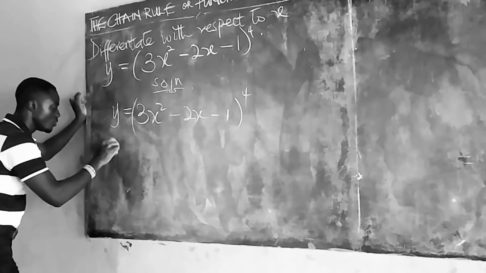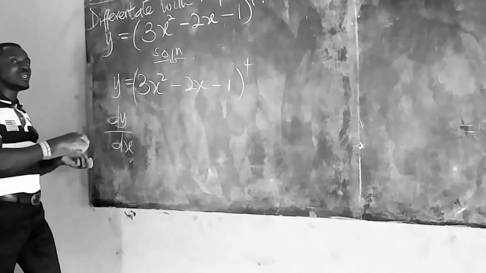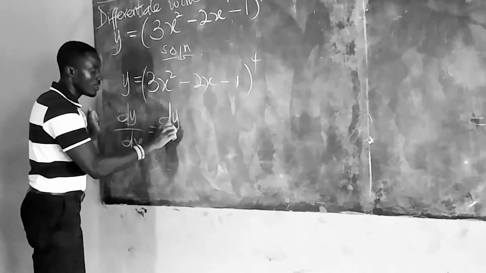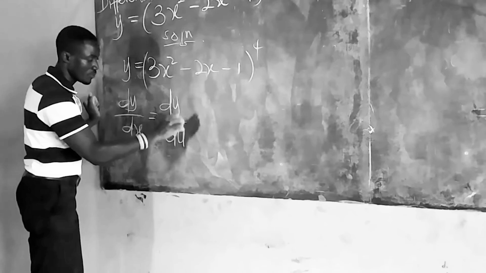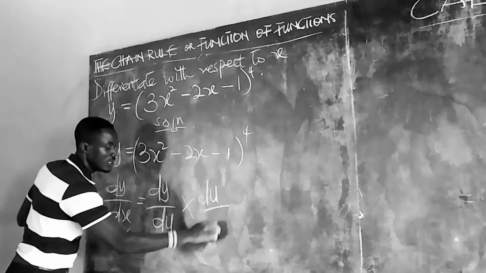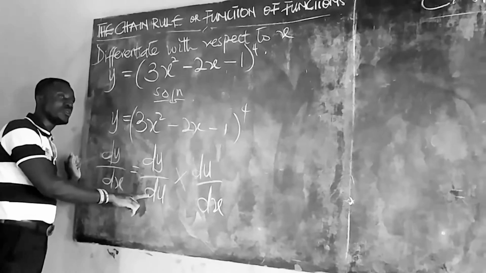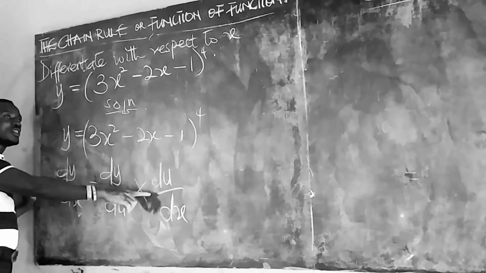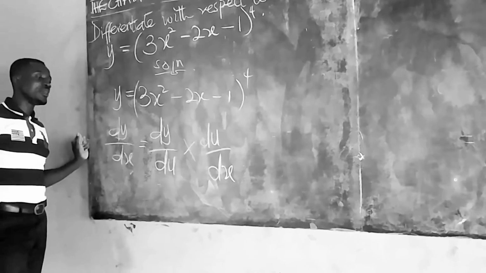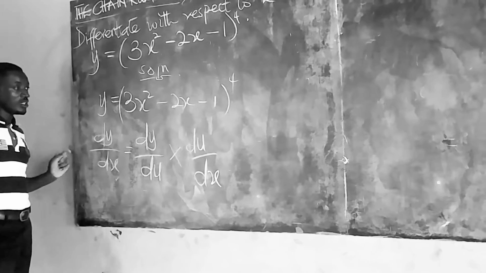Using the chain rule, you have dy/dx, which can be split as dy/du times du/dx, where du cancels du, and 1 at the same time gives you dy/dx.